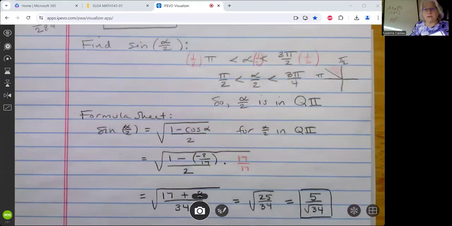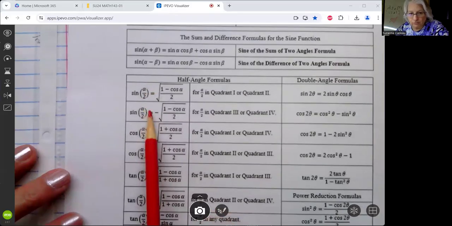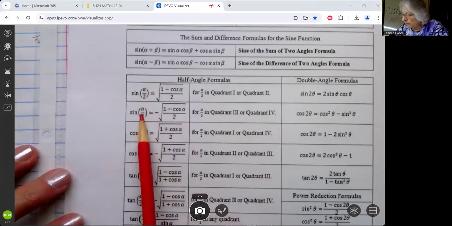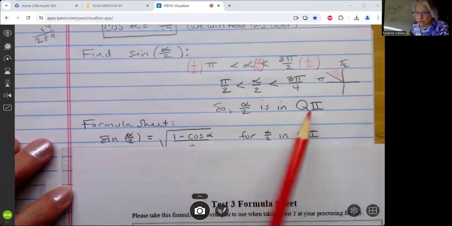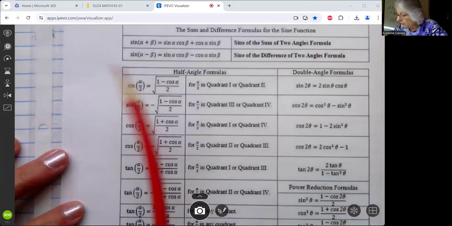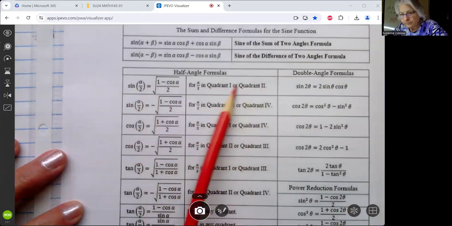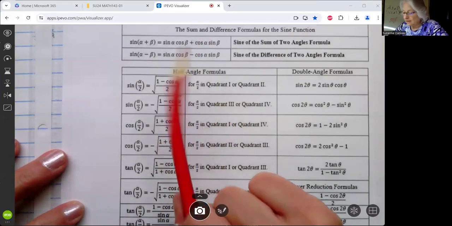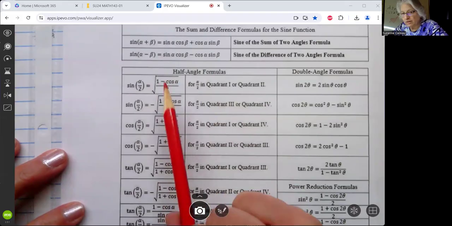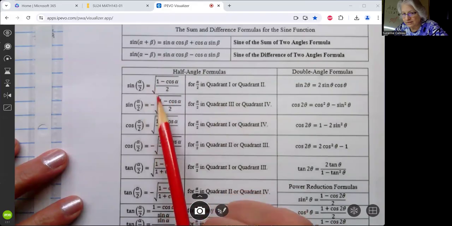I'm looking at my formula sheet now, and we want the sine of alpha over 2. Alpha over 2 is in quadrant 2, so I'm going to use this first one here. Notice that the only thing that's different is the sign. This is positive, this is negative.